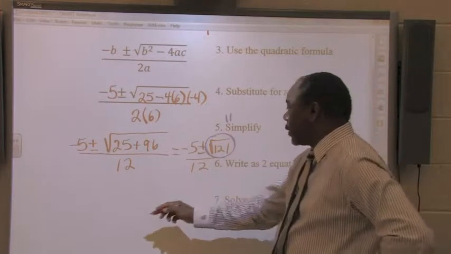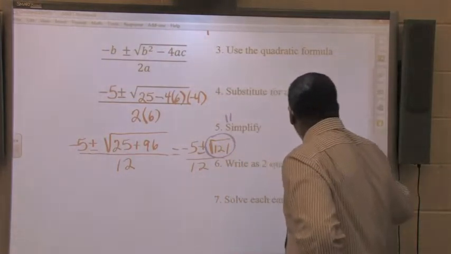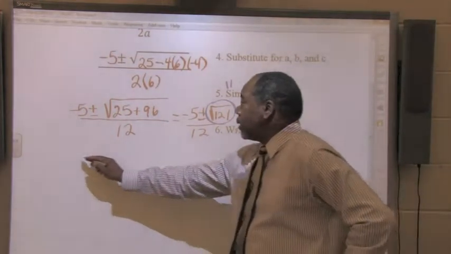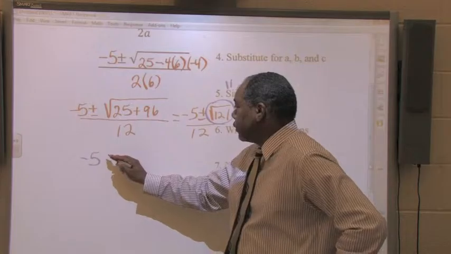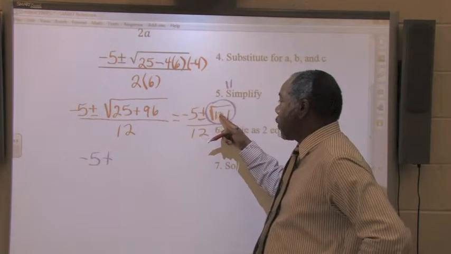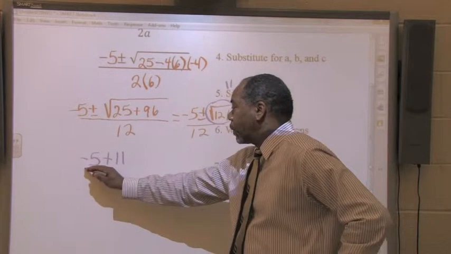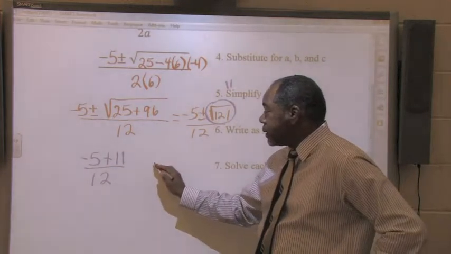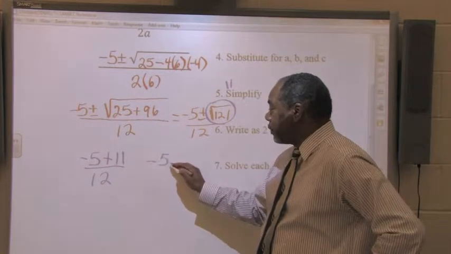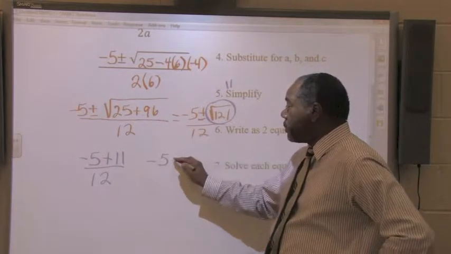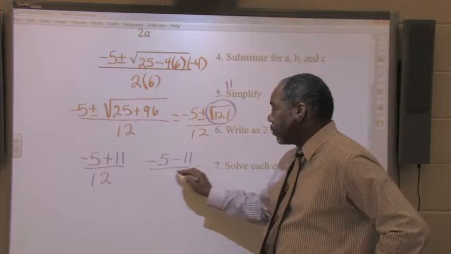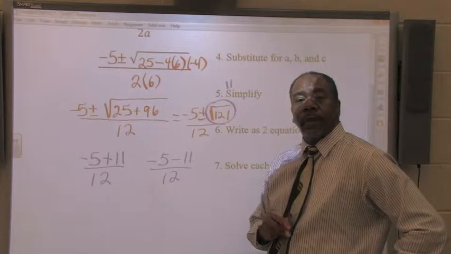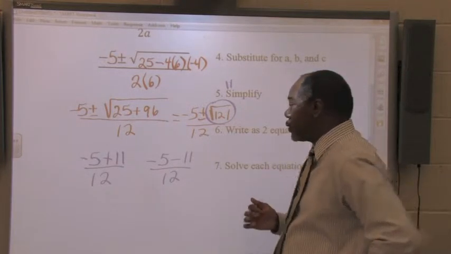So I'm going to write my 2 equations. Minus 5 plus the square root of 121, which is 11, over 12. The second equation is minus 5, not plus, it's minus 11 over 12. Now what I want to do is simplify those two equations.